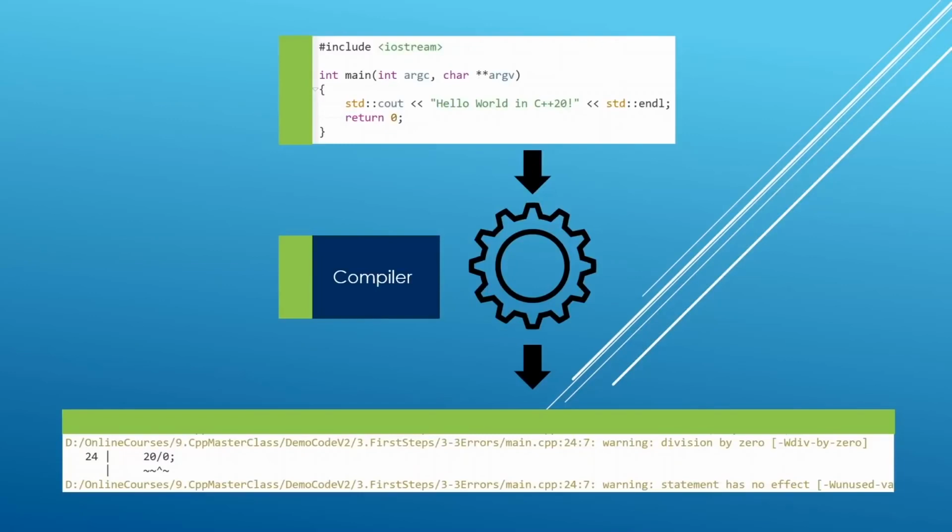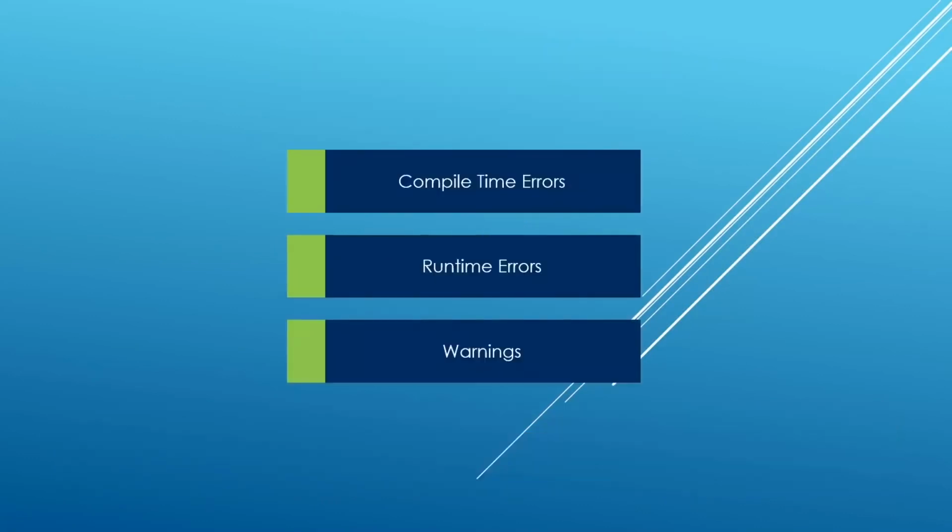For example, some compilers can warn you when you divide stuff by 0, and we're going to see how this works. The main message in this lecture is that you may have problems in your program, and they are going to come in 3 forms. Some are going to be compile time errors, some are going to be runtime errors, some are going to be warnings. We are going to hop over to Visual Studio Code and actually play with this.